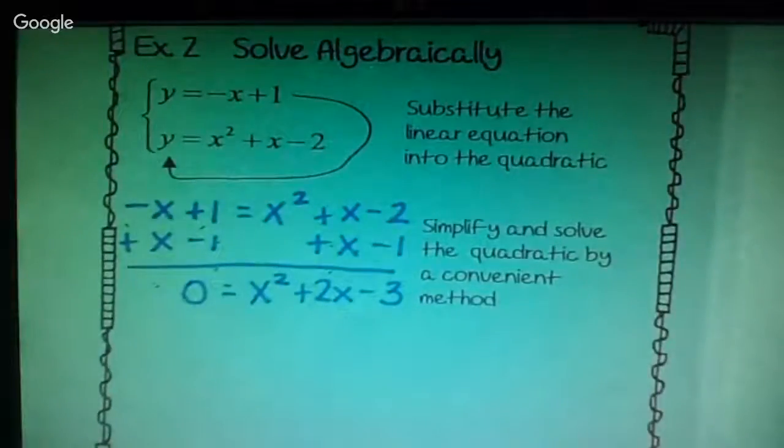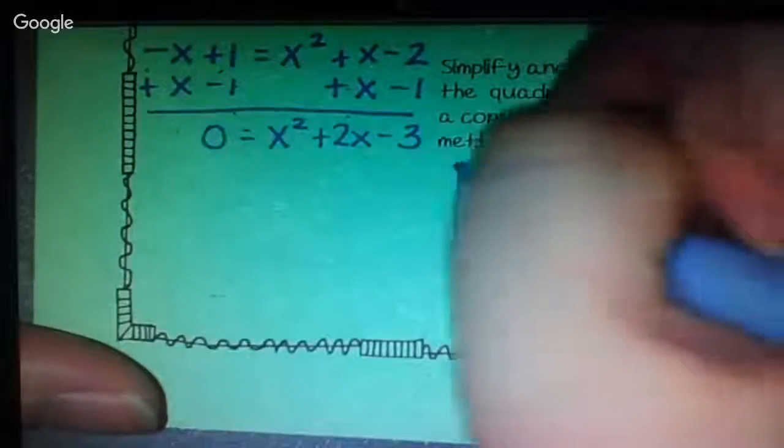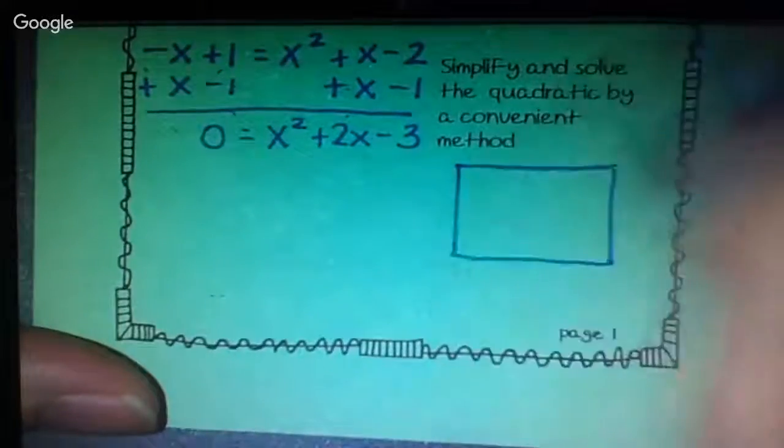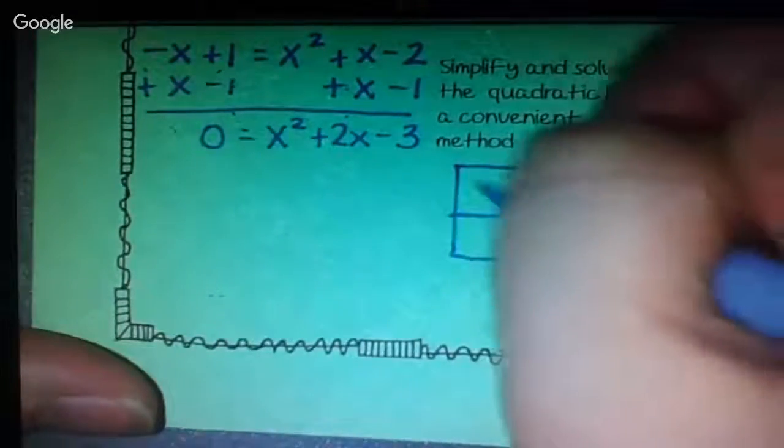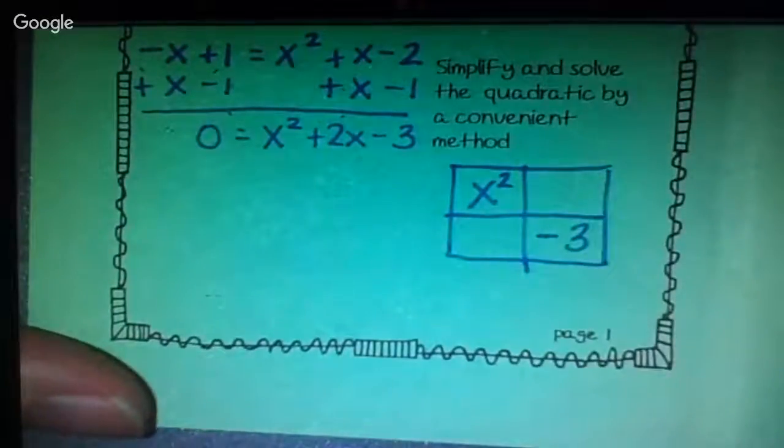Now you can solve this quadratic by any method that you would like. You can factor. You can use the quadratic formula. We can complete the square. Does not matter to me. This one's pretty easy to factor, so let's go ahead and factor it. I'm going to draw your box. Here's x squared and negative 3 goes down here.